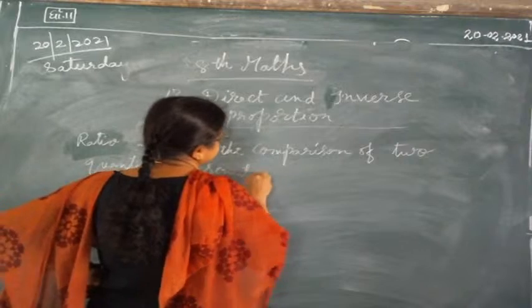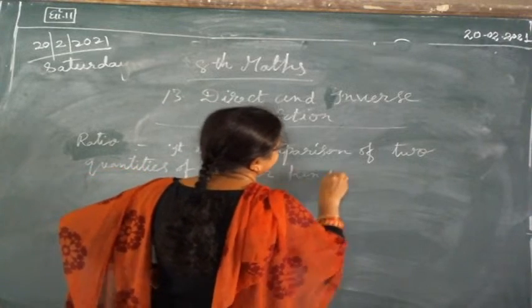Two quantities of the same kind, and their comparison is known as ratio.